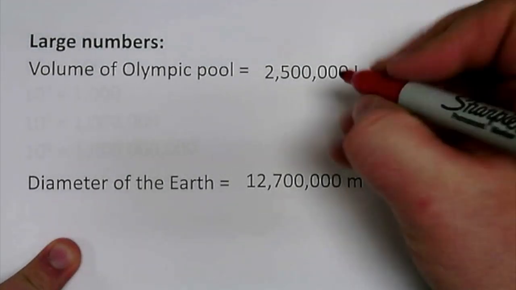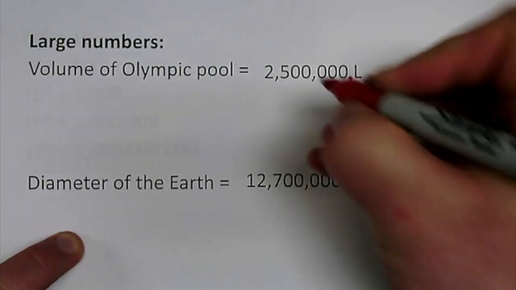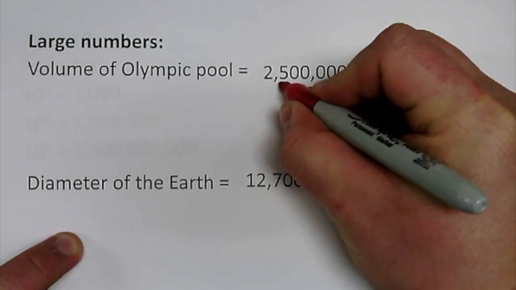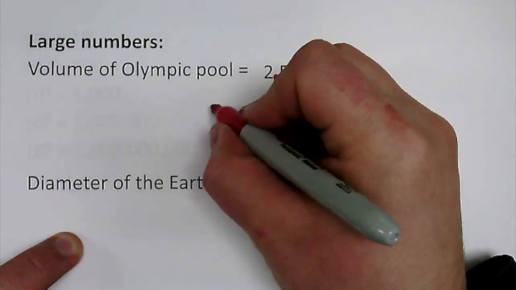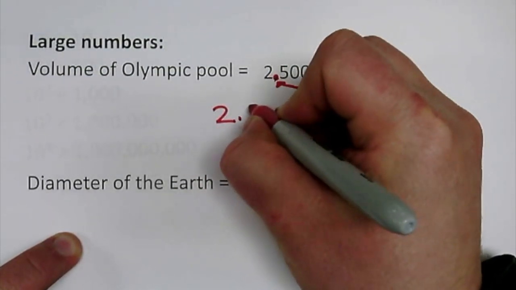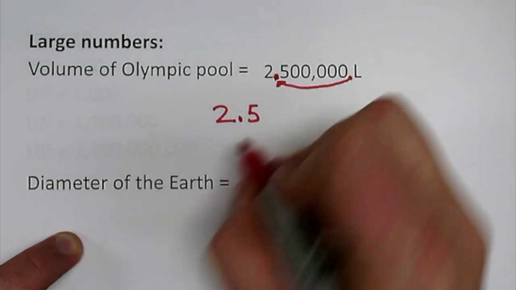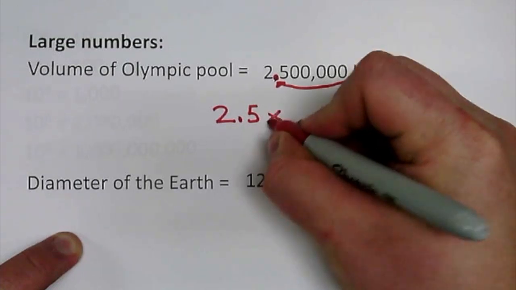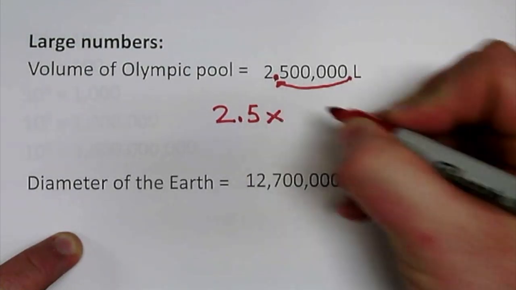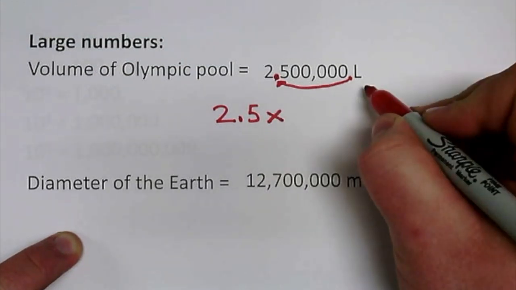So the way it works is we take the decimal place, which is normally found at the end here, and we move it to make a number that is much, much smaller, in this case 2.5. Now our goal here is to make a number that's between 1 and 10, so a much smaller number, 2.5. That's a lot easier to deal with. Now we still have to keep all of these zeros here, keep this value, so we take it and we times it by a power of 10, and it's the power of 10 that we remove.